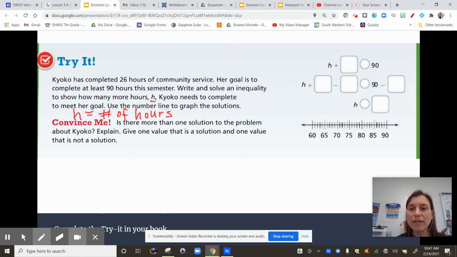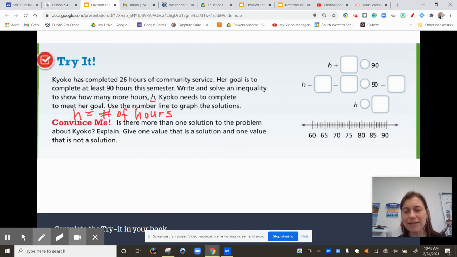Now she's already completed 26, and she wants to complete a total of at least 90. So at least 90. What does that mean, at least 90? Would more than 90 be okay? Like if she did 100 hours, would that be okay? Would 80 hours be okay? So if it's saying at least 90, that means 90 or more. Okay, so be keeping that in mind. Think about what's going to be bigger.